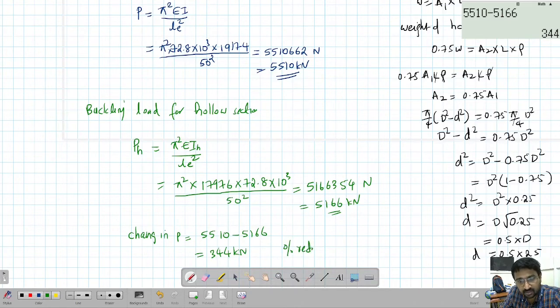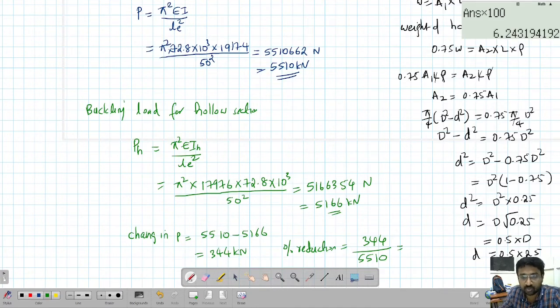The percentage reduction is 344 divided by 5510 into 100. This is nothing but 6.25%, so 0.0624, or 6.24%. When you write percentage reduction, you have to multiply by 100. That is why it's 6.24%.